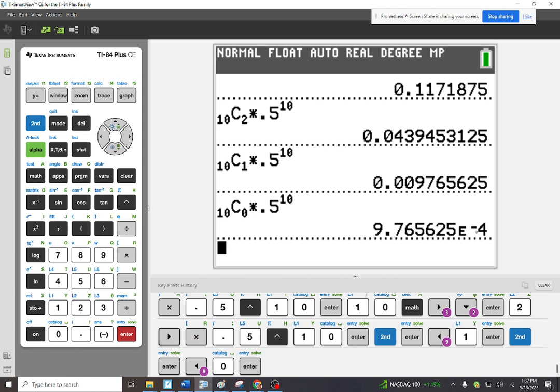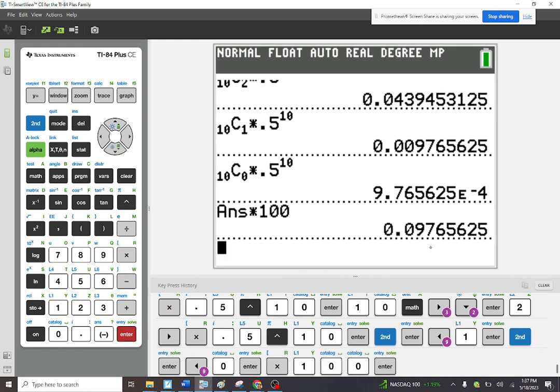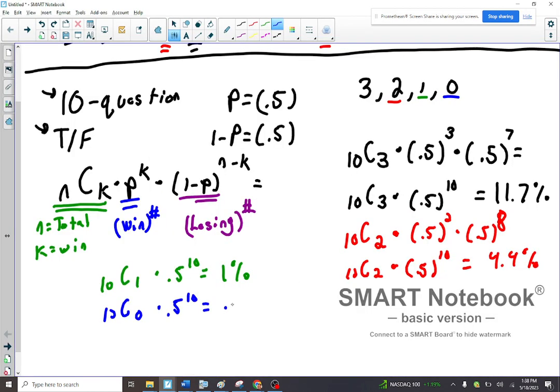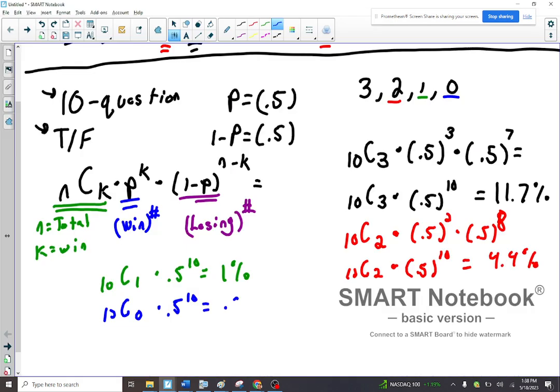If you ever get something like this, it means 10 to the negative 4th power. If you want to change it to a percent, just multiply by 100. So it's 0.1%.